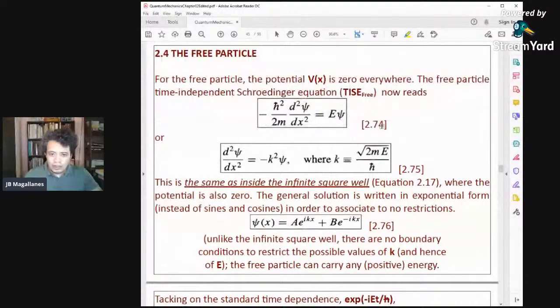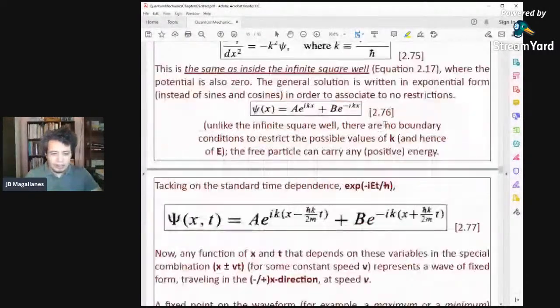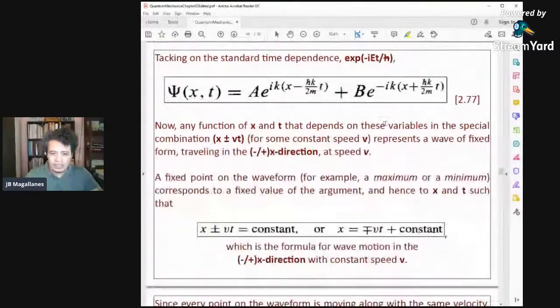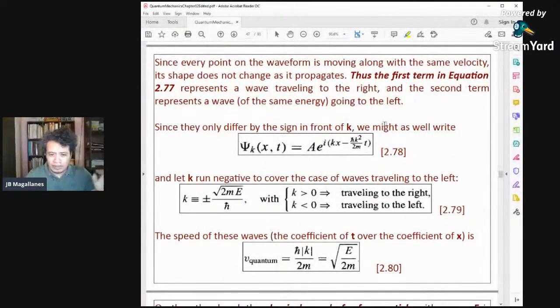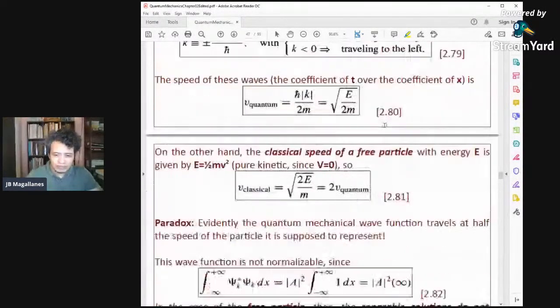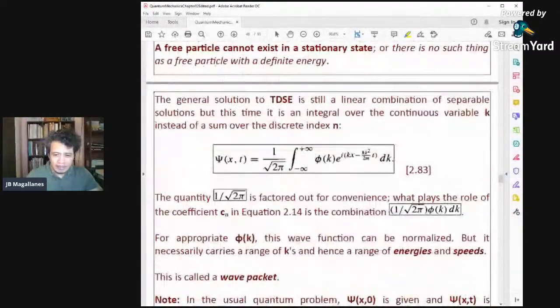For the free particle, this is a little bit tricky. This discussion on the free particle is a little tricky because, in the first place, it's not normalizable by separable solution, we have to resort to a wave function that admits all amplitudes, by this one here.